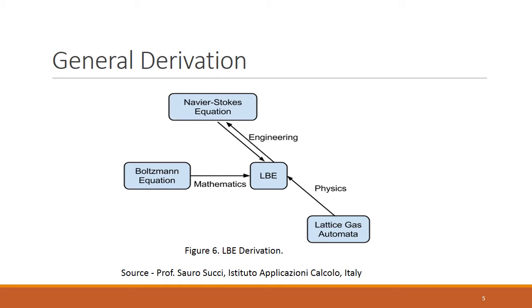If I could give you a backstory, people tried to derive the Navier-Stokes equation from lattice gas automata. So they were doing physics, Navier-Stokes equation, boom.